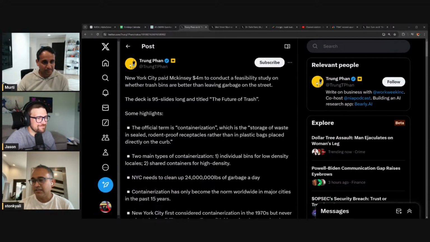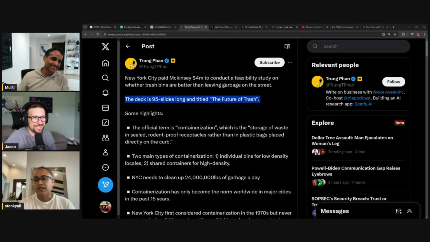New York City paid McKinsey $4 million because they had a trash problem: everyone was leaving trash bags in the street, and there were rats and it smelled. If you've been in New York, you know what I'm talking about, right? So they paid McKinsey, like, "Hey, help us solve this thing."